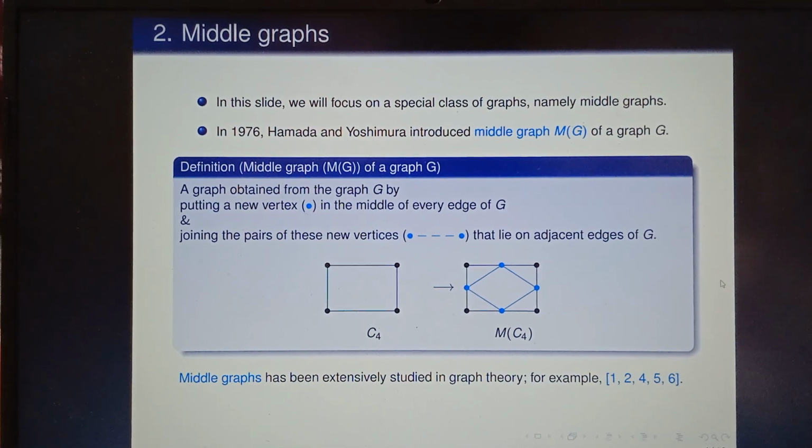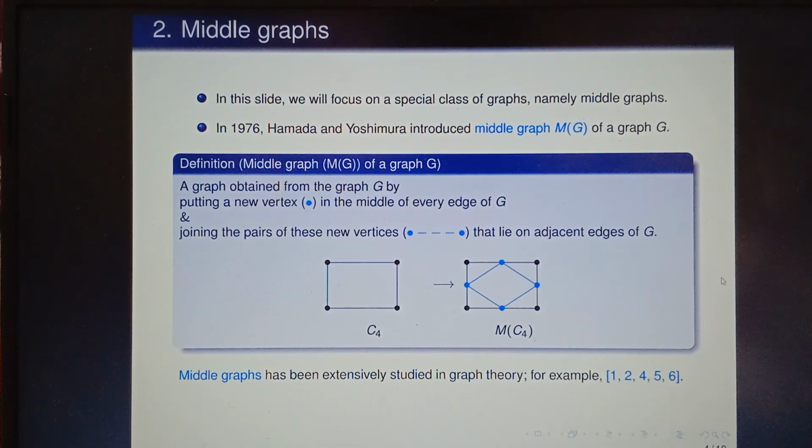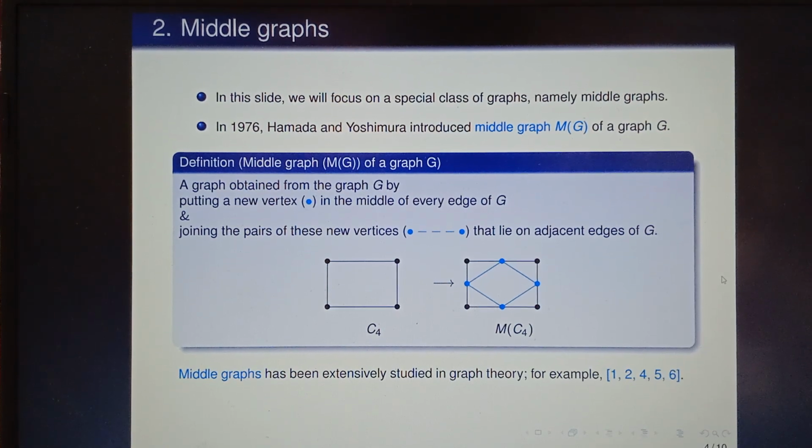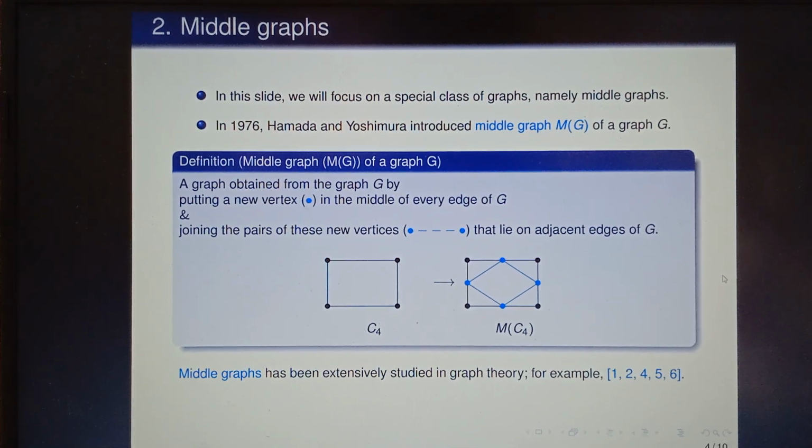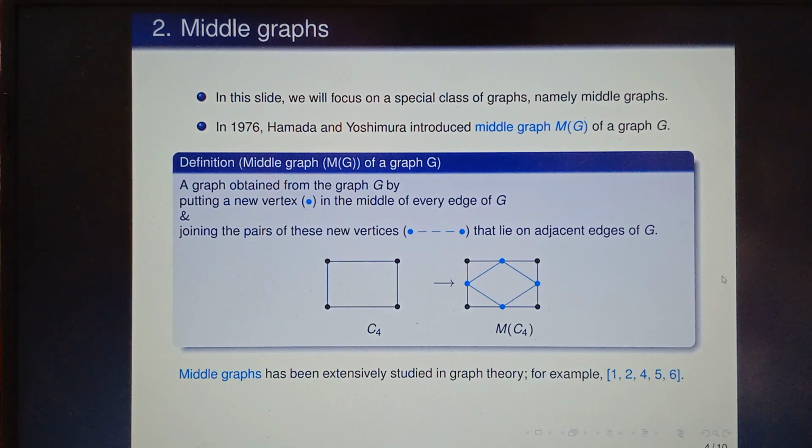This is how we construct M(C4), that is the middle graph of C4. Now, middle graphs have been extensively studied in graph theory. I just listed some of the articles, which is not an exclusive list.